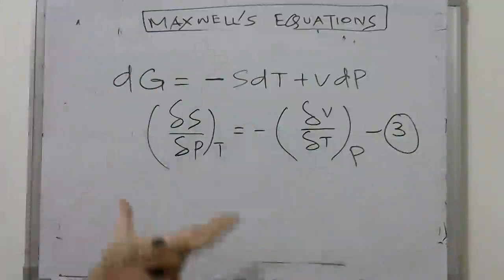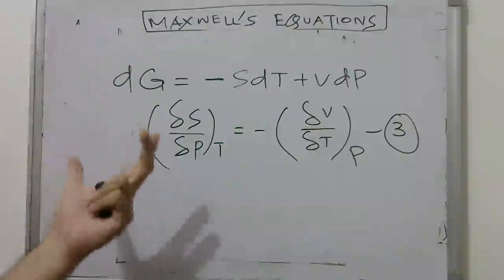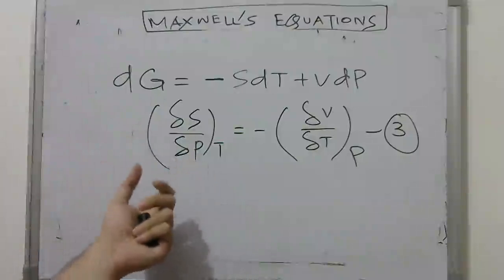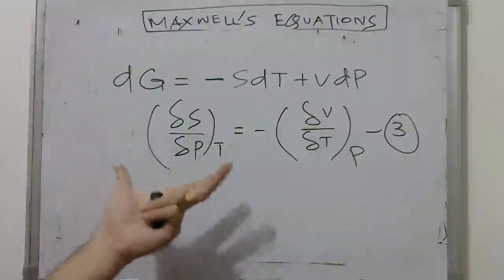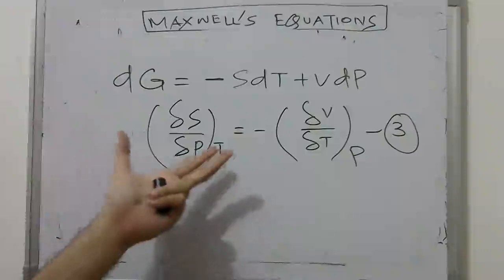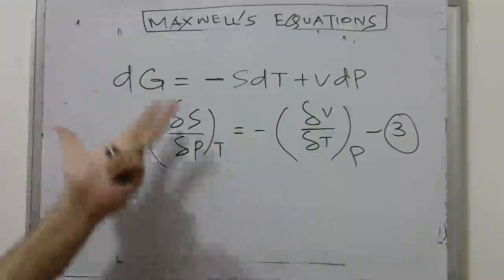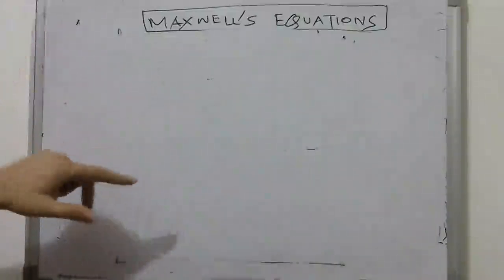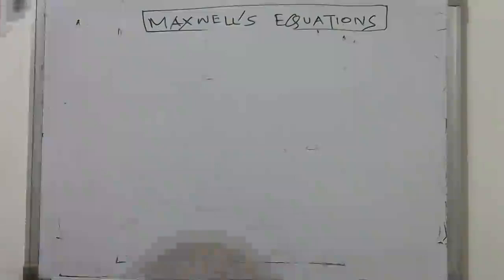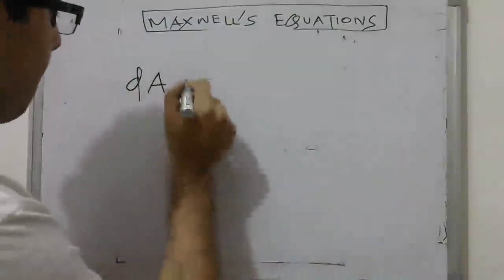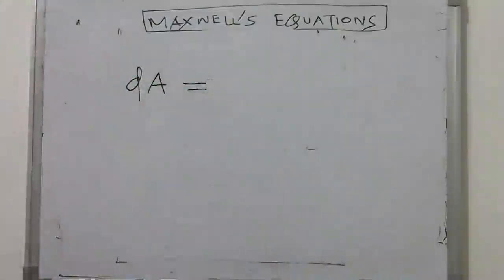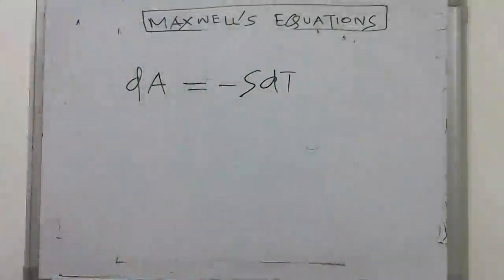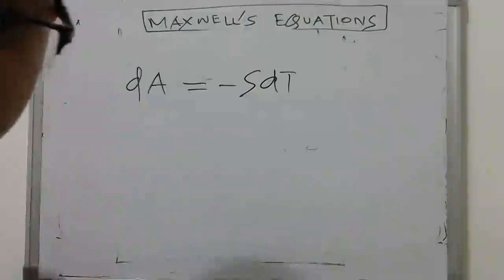What is the final Maxwell equation? It comes from another auxiliary function, which we call the Helmholtz function. We'll talk about the derivation of Helmholtz equation, but before going into that, we just write the Helmholtz function denoted by A. So it is written as dA is equal to minus SdT minus PdV.